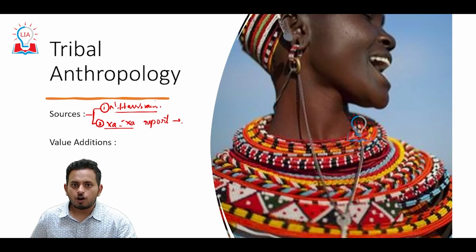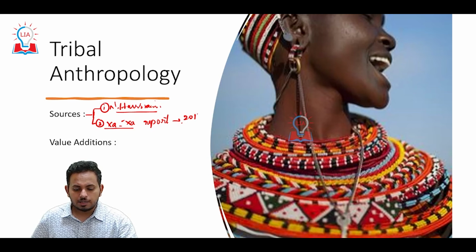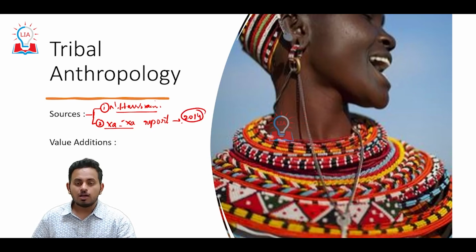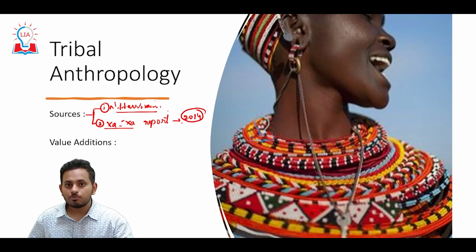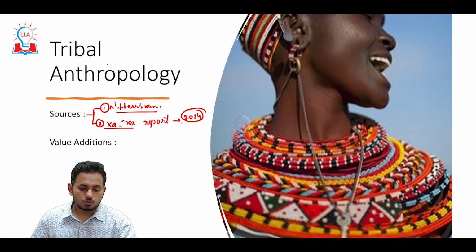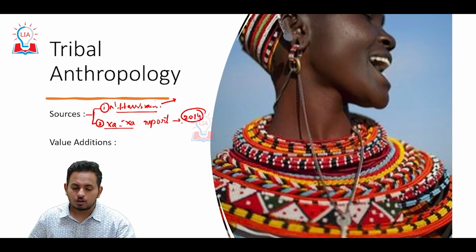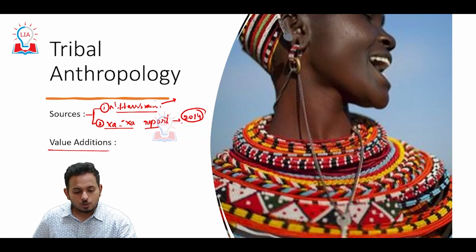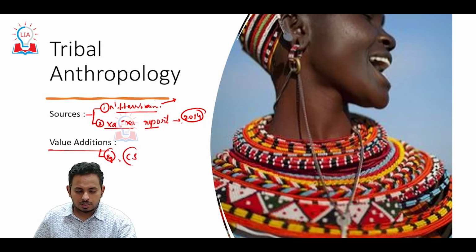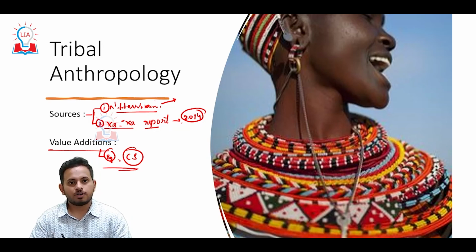This committee was formed to give recommendations on tribal development, and in the year 2014, this committee gave its recommendations, and this set of recommendations is very important from the exam point of view. So for tribal anthropology, the first book would be Nadeem Hussain, which will cover all your static parts, and the second would be the Xaxa report. Value additions again will be the examples and case studies from current affairs.